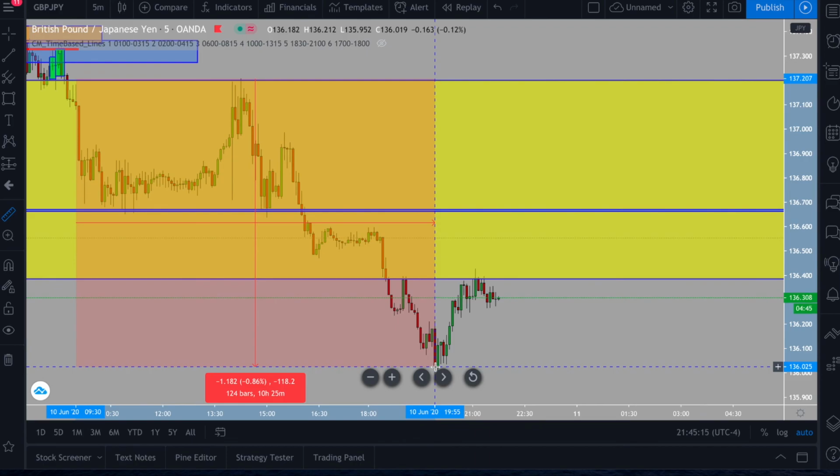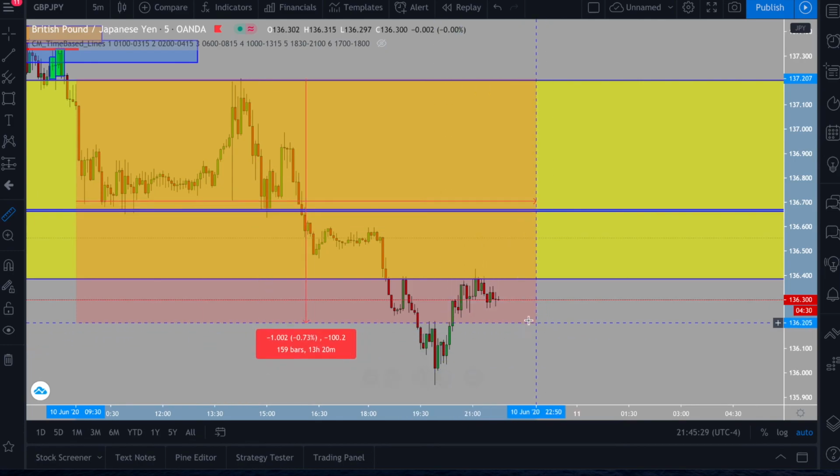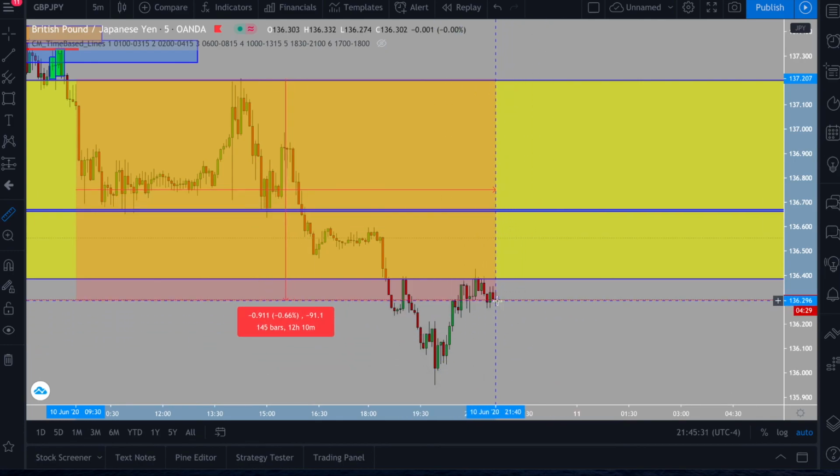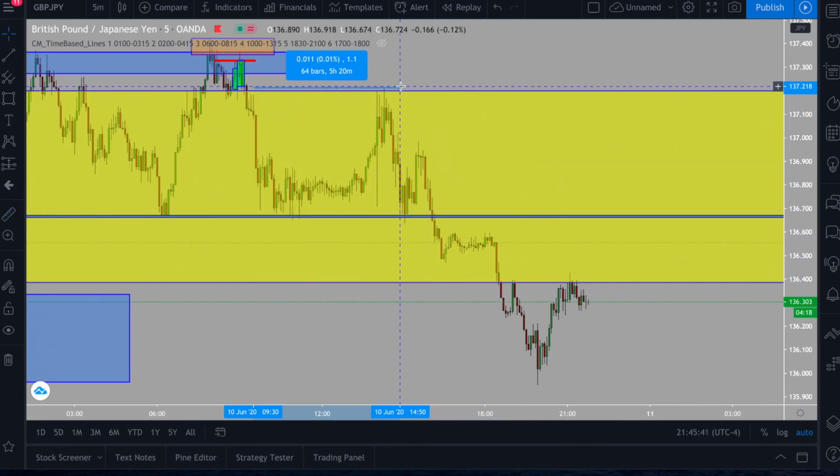So if I would have just held for, that says 10 hours and 25 minutes, I would have at least gained 119 pips. Where price is right now, it would be 91 pips. So at least 90 to 100 something pips. But anyway, you live to trade another day. So that's the important thing.